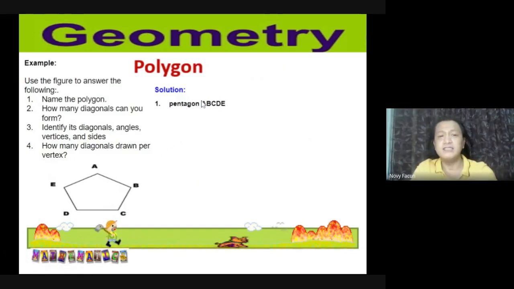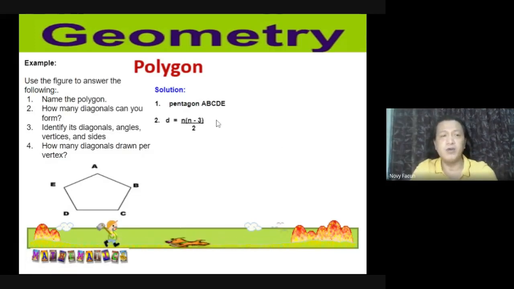Okay, so that is pentagon. And paano ba magpangalan? Kailangan capital letters lahat. So, kailangan magkakasunod siya. We have A, B, C, D, E. Pwede naman siyang B, C, D, E, A or pwede siyang C, D, E, A, B. Basta kailangan magkakasunod yung letters mo.